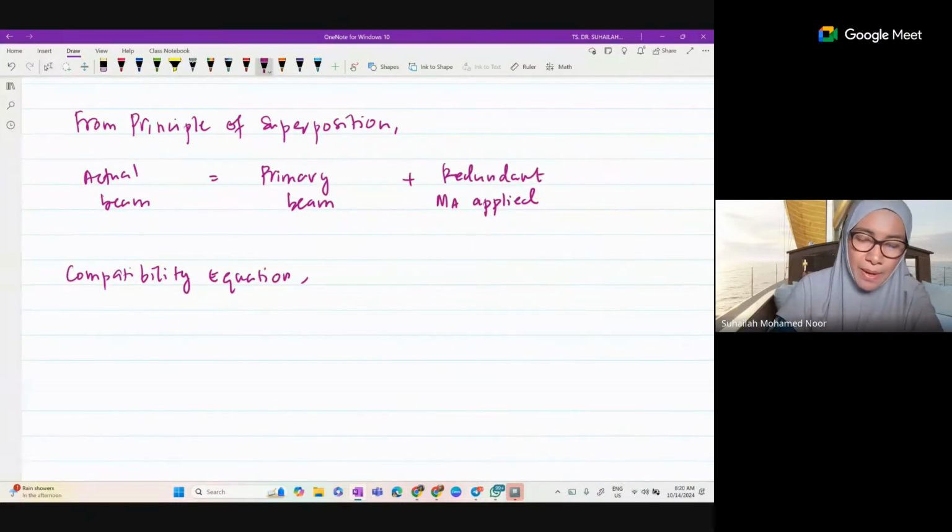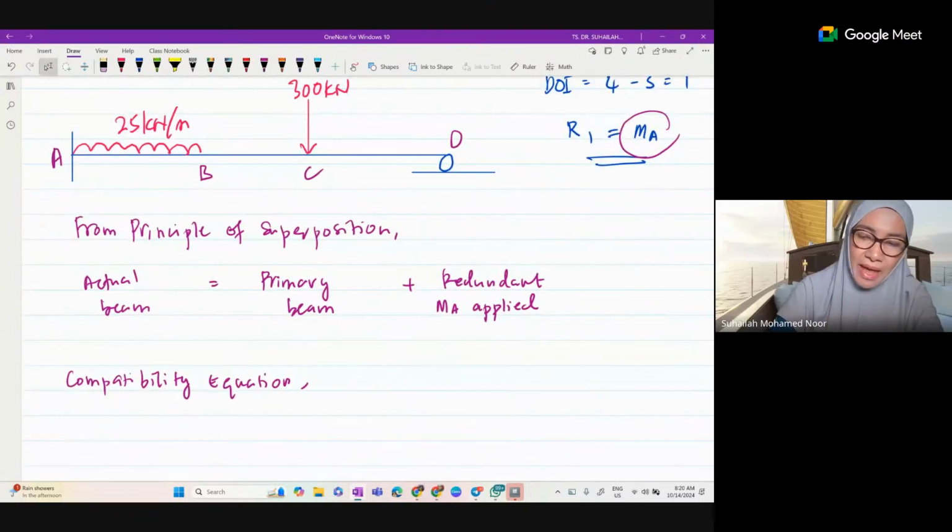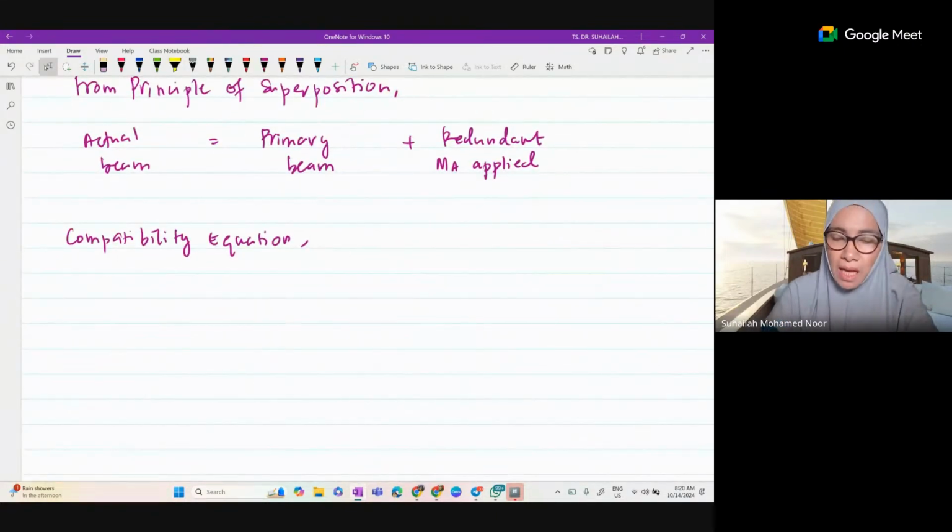So in the primary beam, the position is A, so we will label it as A.